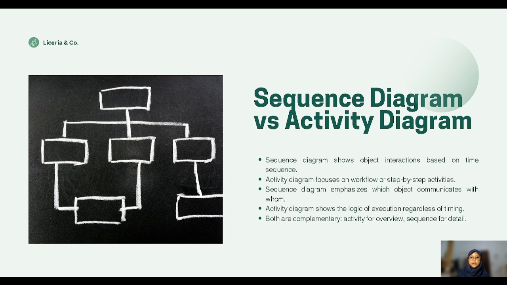The sequence diagram emphasizes which object communicates with whom, and the activity diagram shows the logic of execution regardless of timing. Both are complementary: activity for the overview, sequence for the detail.